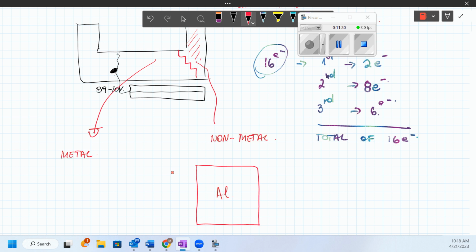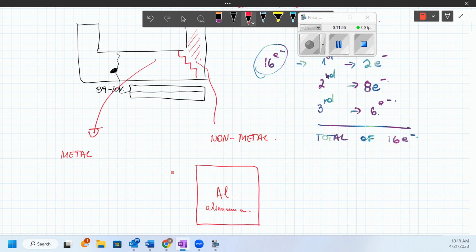Usually the name is right below the symbol. Some international periodic tables do not have the name at all, just the symbol. So, aluminum.